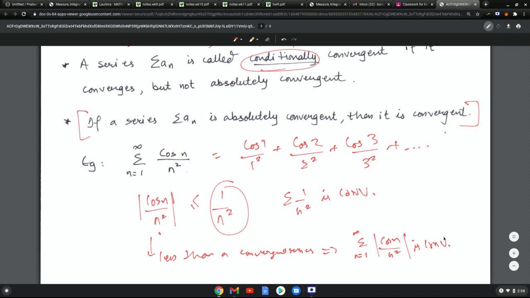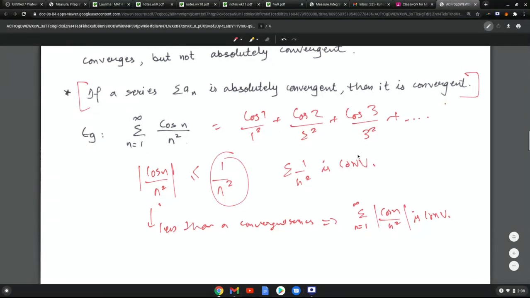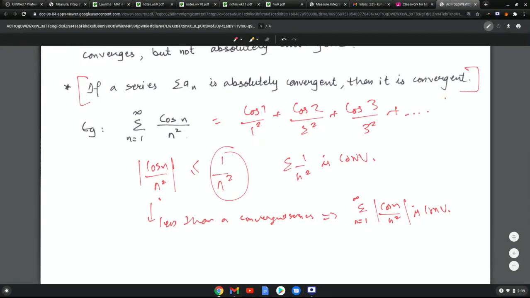We had a name for this test, the comparison test. But if you think about it logically, if you are less than something finite, then you are also finite. So what we have shown here is that the absolute value of this series is convergent. Therefore, the series without the absolute value is also convergent.